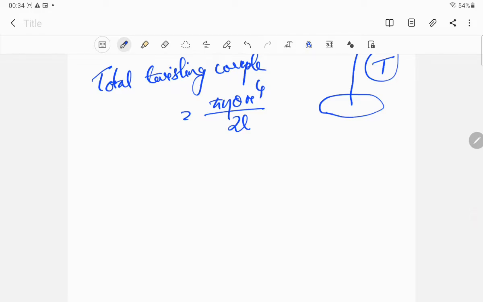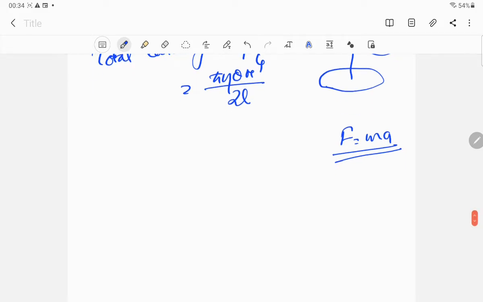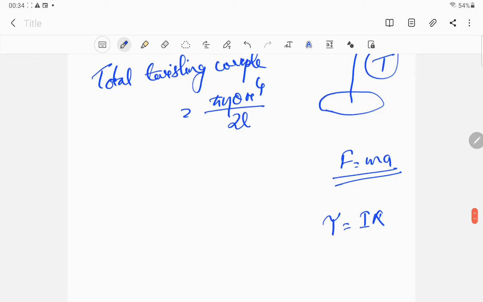Now, as you know, force equals m a. The similar analogy in the case of angular motion is torque equals I into alpha. Here alpha means angular acceleration, which is given by the rate of change of angular velocity with respect to time. So we can write torque equal to this.